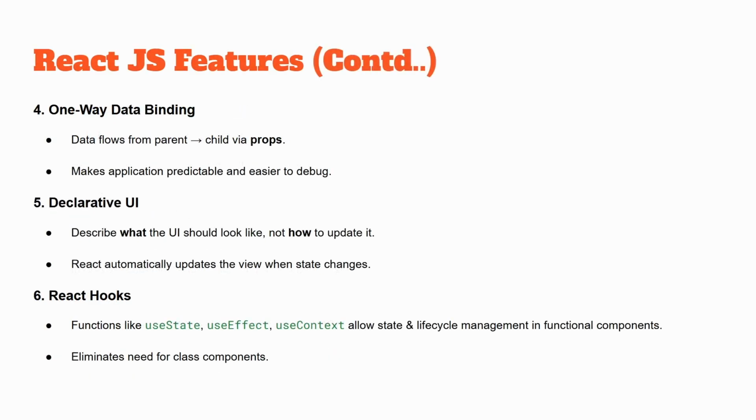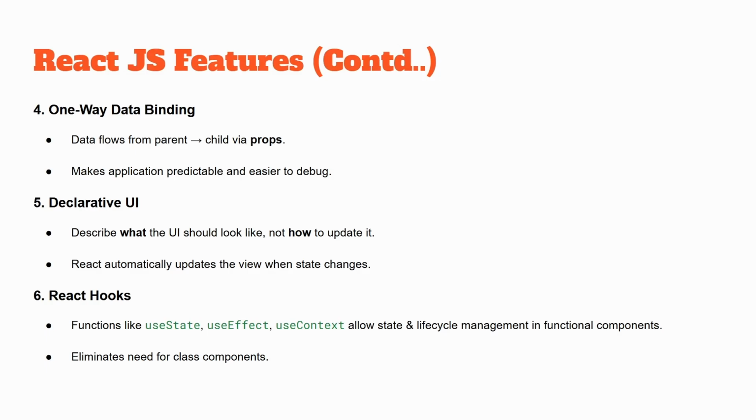Then one-way data binding. One-way data binding is another feature of React.js. So the data always flows from the parent to the child. This is something we have to understand here.